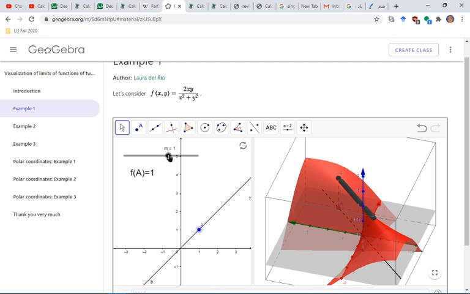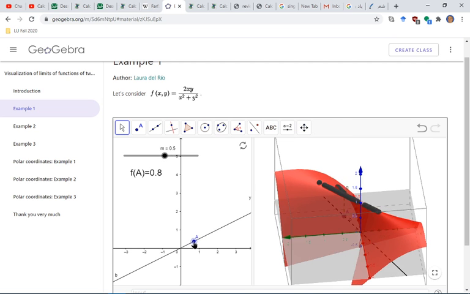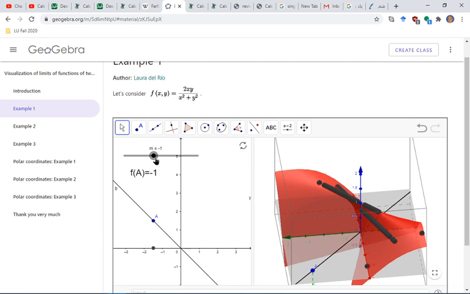Now let's take a different approach. Let me rotate the picture so you see. Now I'm taking an approach along the sloping line, slope 0.5. As I come close to the origin, you see that I miss my previous spot, and I am on a different set of points. If I choose another, here is like slope minus 1.5.